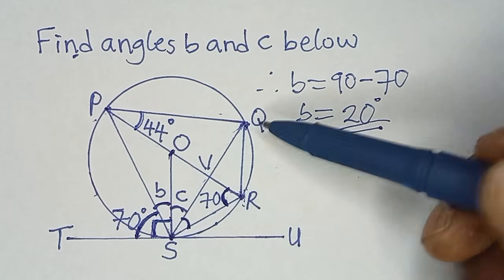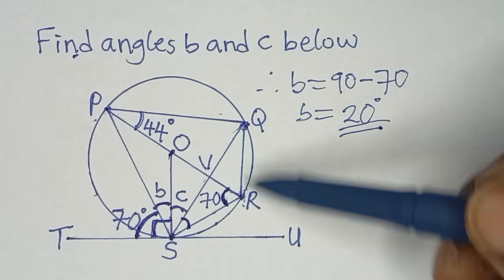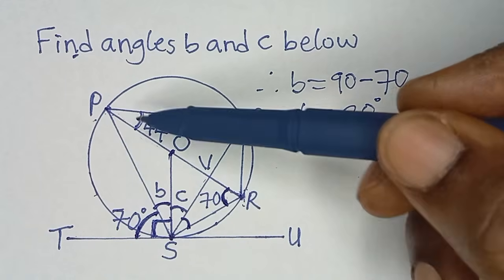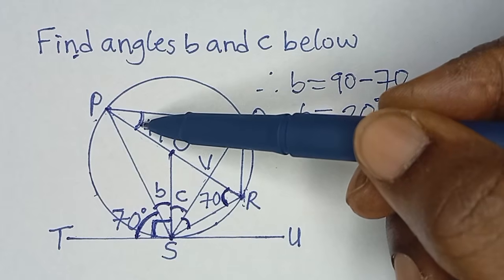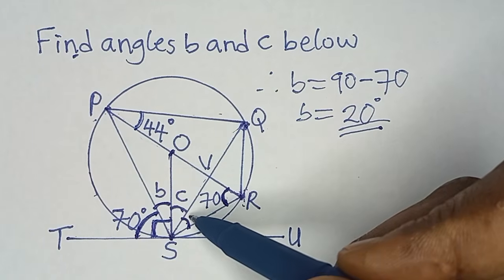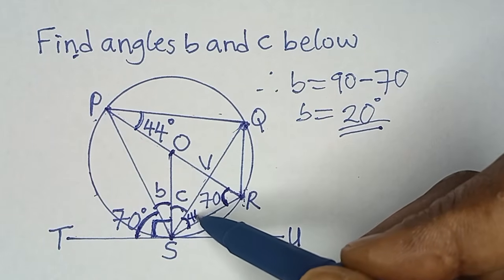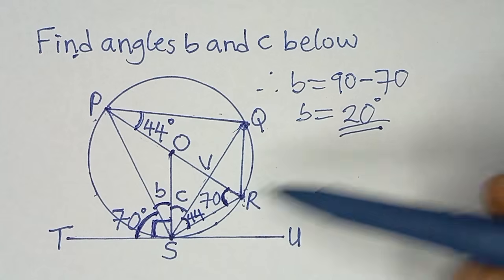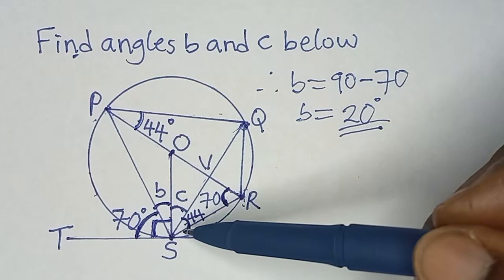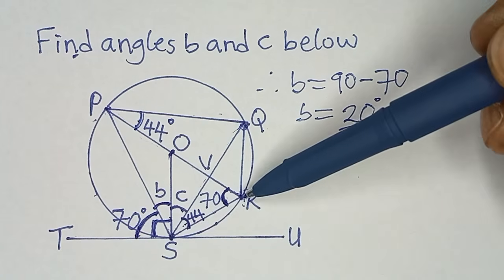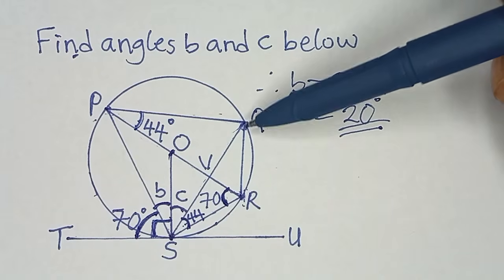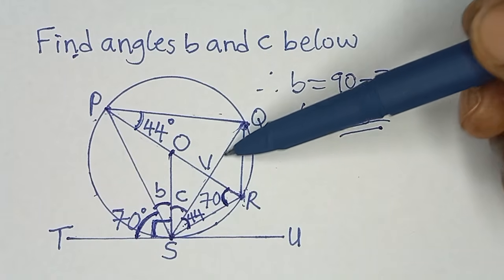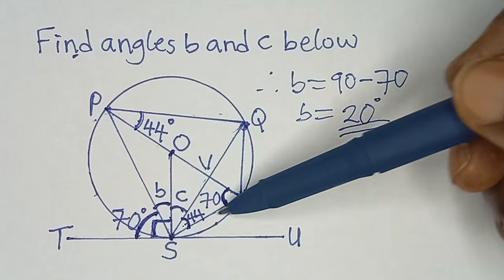So in a case like that, where lines are coming from the same point, you agree with me that angles in the same segment are equal. So if this is 44 degrees, that means this angle is also 44 degrees, because angles in the same segment are equal. You can see from Q and R, it forms 44 here. So from the same Q and R, it will also form 44 here.